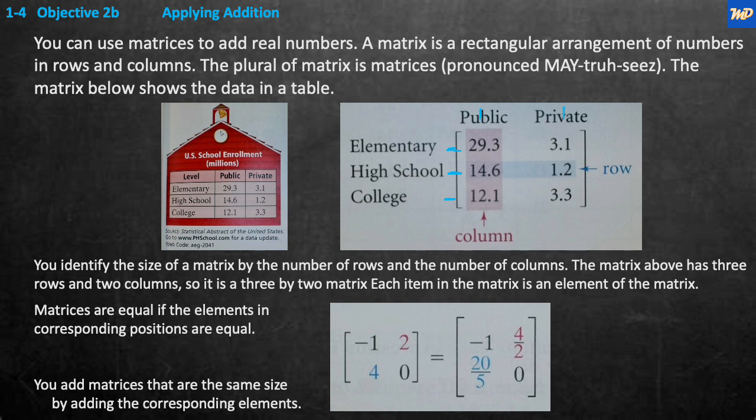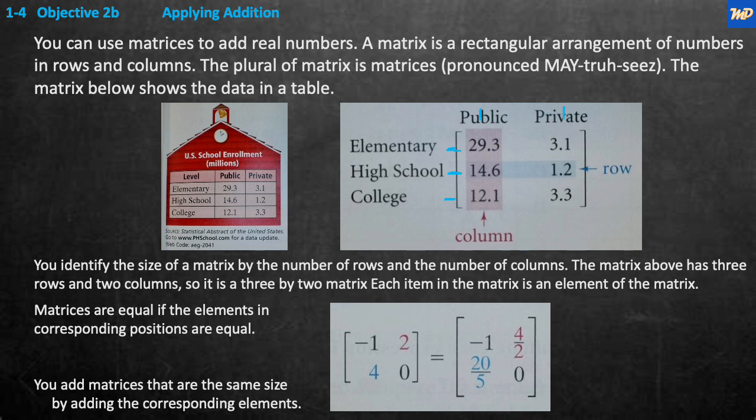Okay, so this is the matrix, and every one of these numbers in this matrix is an element. What they're going to say is you identify the size of a matrix by the number of rows and the number of columns. The matrix above has 3 rows and 2 columns, so it is a 3 by 2 matrix. Each item in the matrix is an element of the matrix. Okay? So matrices are equal if the elements in the corresponding positions are equal.